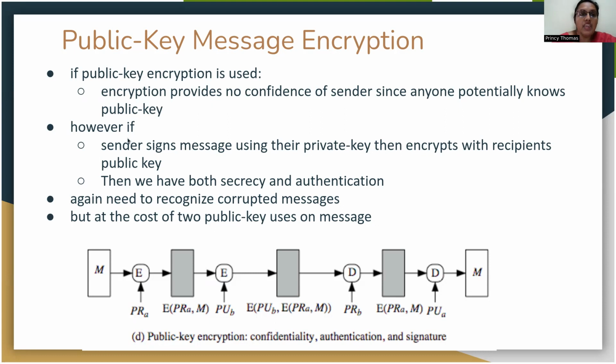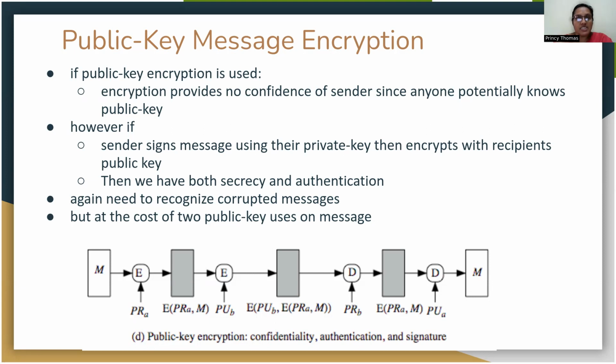But if the sender signs the message using their private key, we've seen this earlier, okay? So what they're doing is signing the message using their private key and then encrypting with the receiver's public key and sending it. Here, both secrecy and authentication are provided, if only I know my private key.